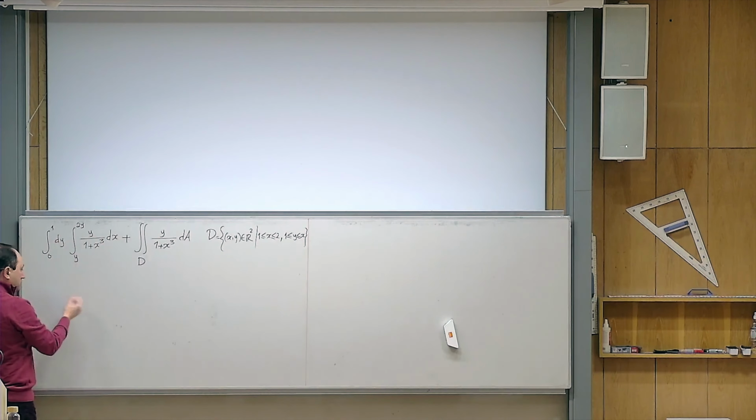What is left for you here is 1 over 1 plus x cubed dx between these two limits. The limits are not that important, but you need to find a primitive function for this function, which is not that easy. It is not impossible, but it is complicated and lengthy.